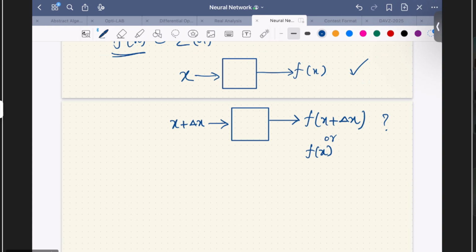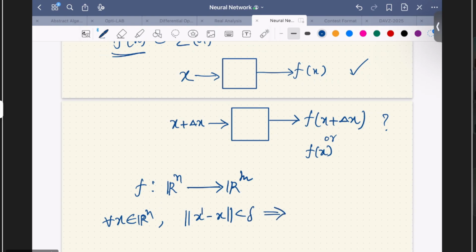The continuity definition says, instead of mentioning the ball and all, I can say in general, if f is a function from R^n to R^m, and for any x belonging to R^n, if the norm of x dash minus x is less than delta, which implies the norm of f of x dash minus f of x is less than epsilon.